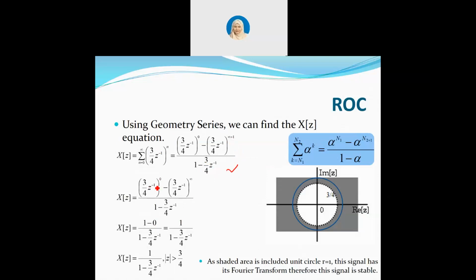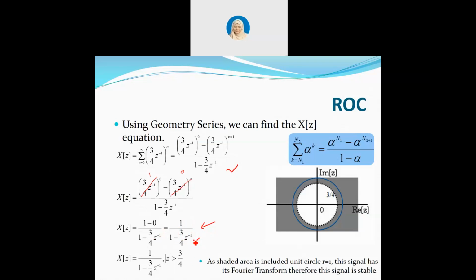So, this one is 1, this one is 0, and the denominator is 1 minus 3 over 4 z to the negative 1. Then you will get Xz equals to 1 over 1 minus 3 over 4 z to the negative 1.